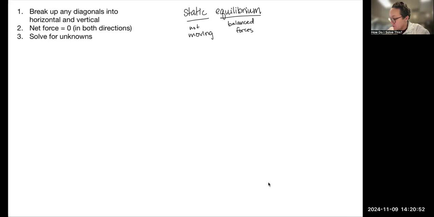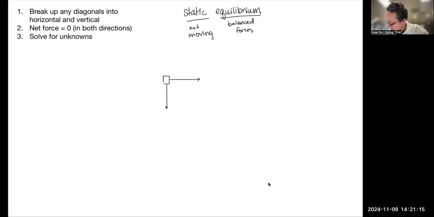So we're going to start with truly the most straightforward of these that I can think of. We have a box, and on that box we have three forces. Two of these forces we know, and one of them is unknown.